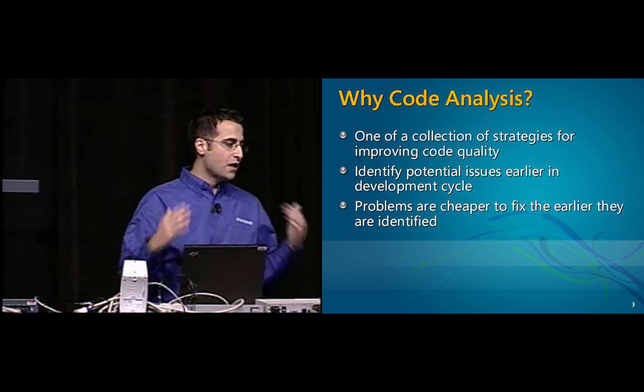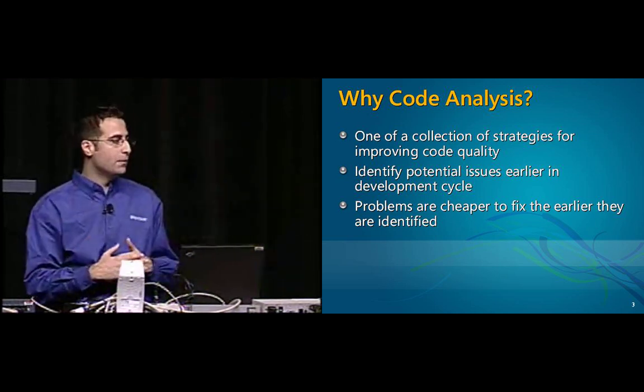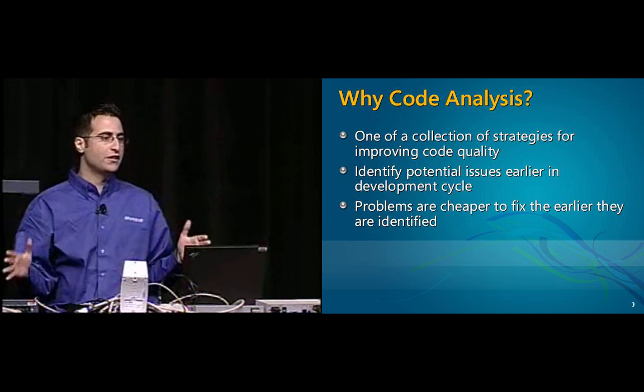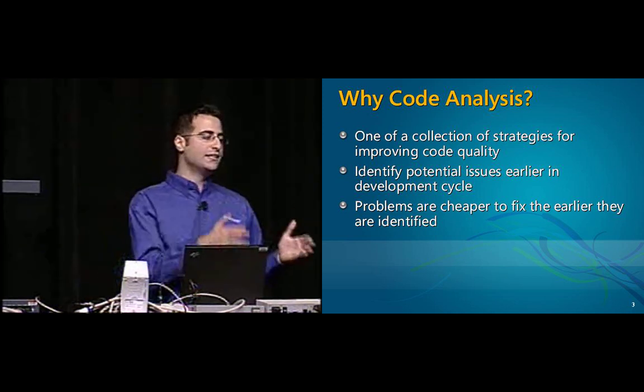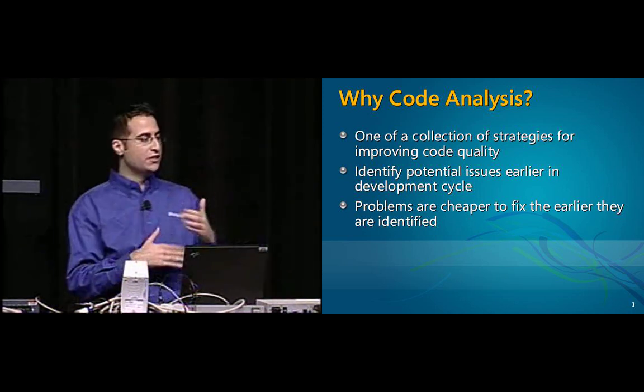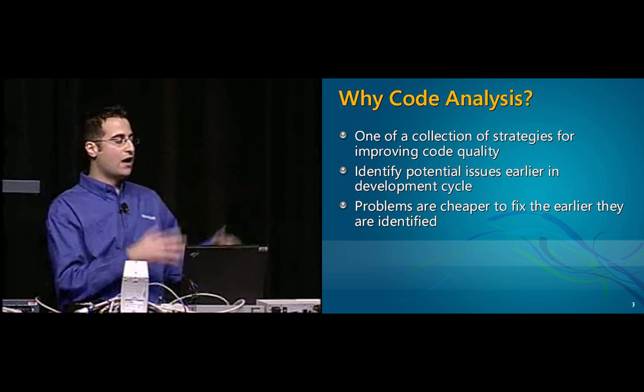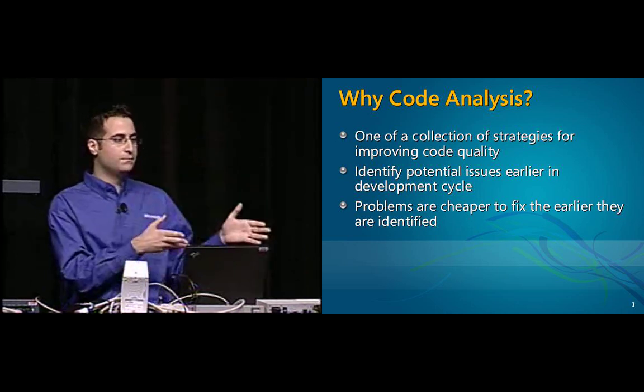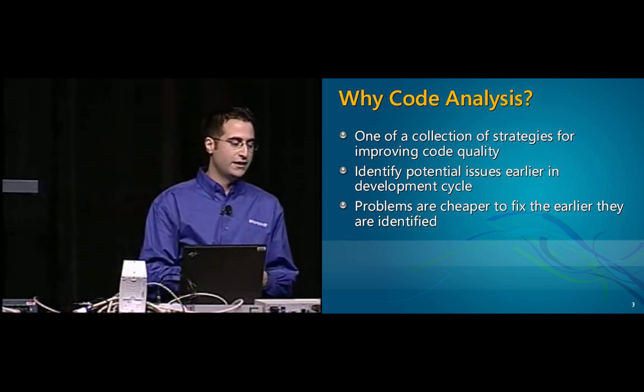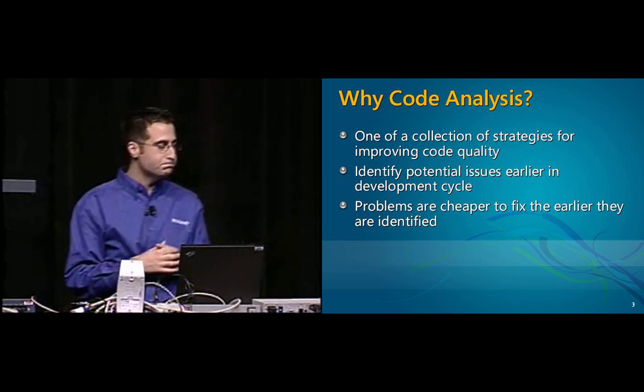And so this will be kind of a theme as we go through the demonstration and look at the analysis. I'm going to come back and touch upon how some of the issues that we're looking at really fit into this characteristic of finding problems early in the development cycle.